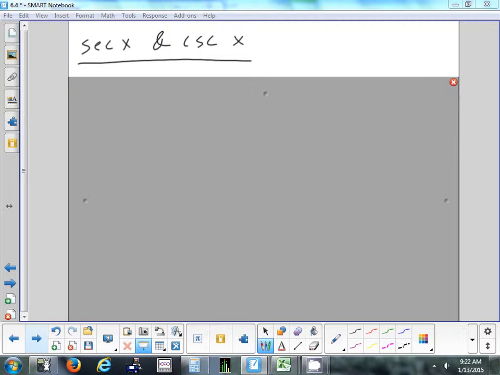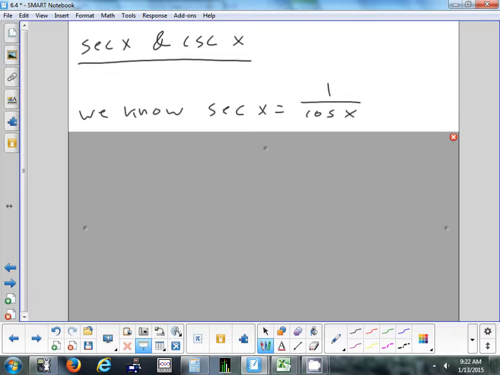All right, so let's look at secant and cosecant. We're going to use the same kind of reasoning we did before. First, I want to rewrite secant as a trig function that I'm a little more familiar with. It's the reciprocal of cosine. So is secant going to have vertical asymptotes?